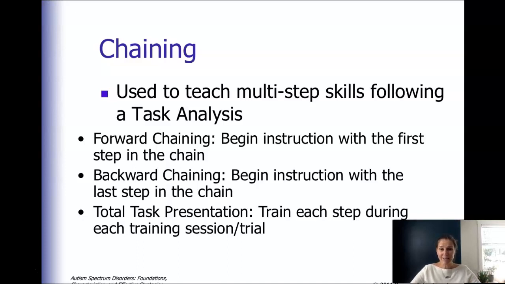We're going to look at examples of this. This is something that you need practice with to understand the difference between forward, backward, and total task. And we'll talk about different situations in which the techniques are more and less appropriate depending on what you're trying to teach. But right now, having a preview of the 3 different types of chaining is what's important.